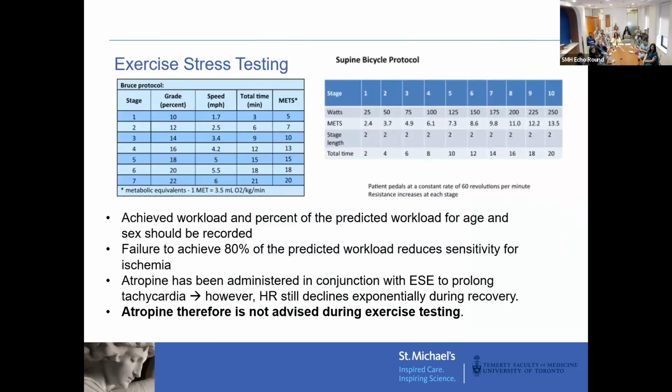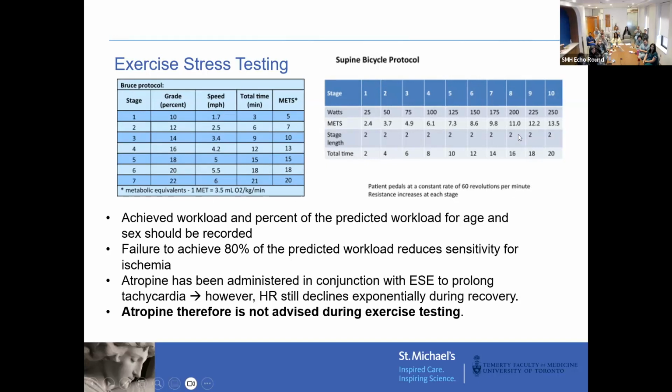We all kind of know this pretty well. The two most standardized protocols that we use for treadmill are the Bruce protocol on the left here, where every 3 minutes or so you will increase the grade and the speed, and that correlates with the increase in the METs from 5 all the way to 20, and it continues on.